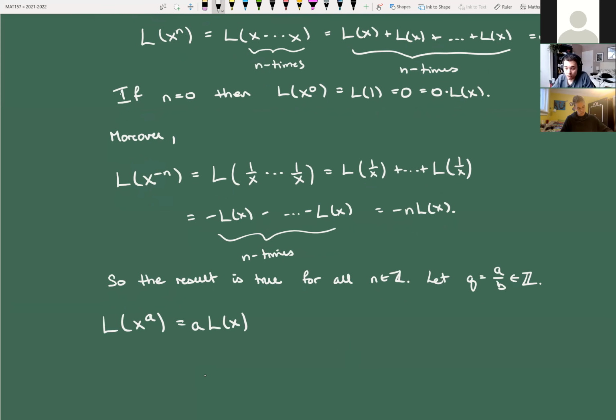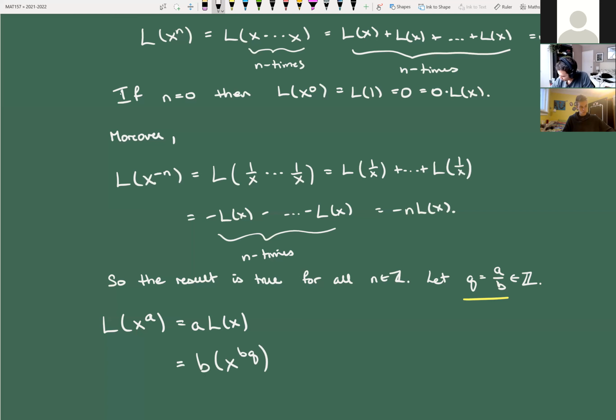Because a is an integer. The rational number is a divided by b, but a itself is still an integer, so we're not doing anything tricky here. We've already proven this is true. But the other thing, a is equal to b times q. If we take this thing right here and solve it for a, we get a is b times q.